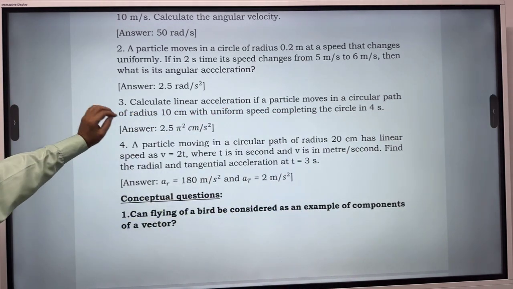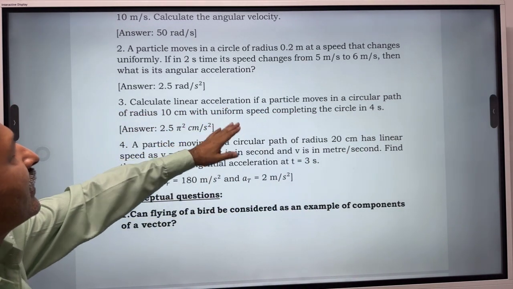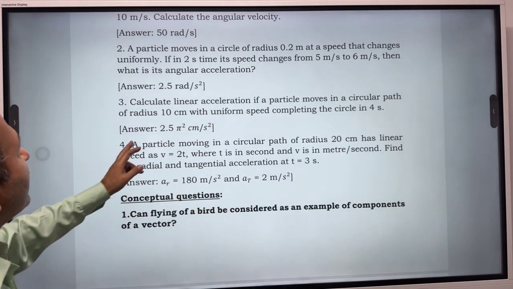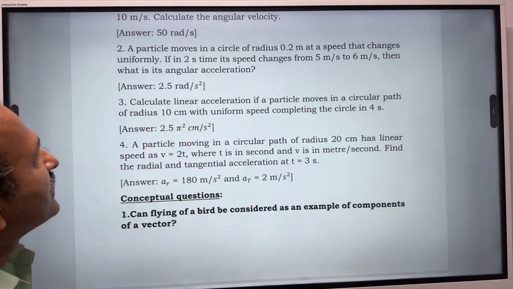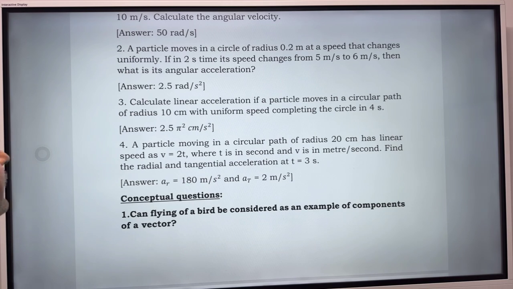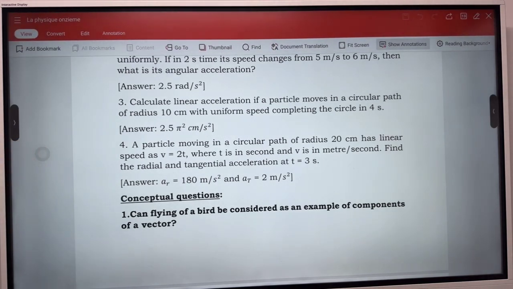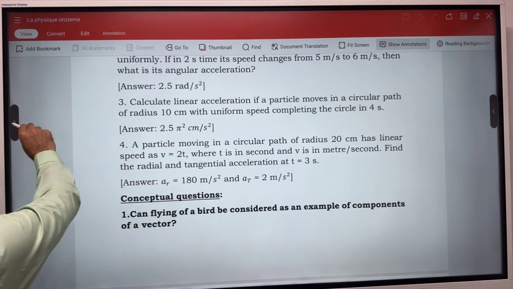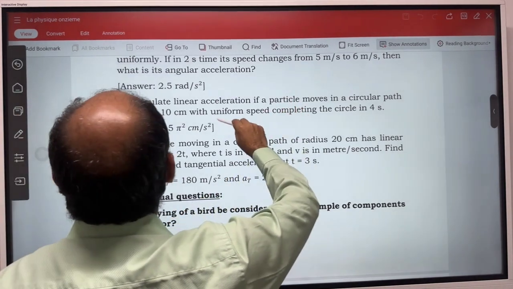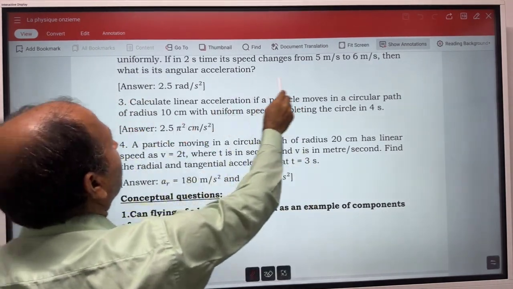Let's see next question. Calculate linear acceleration if a particle moves in a circular path of radius 10 centimeter with uniform speed, completing the circle in 4 seconds. Here, we have to find out linear acceleration. So, what is the relation?